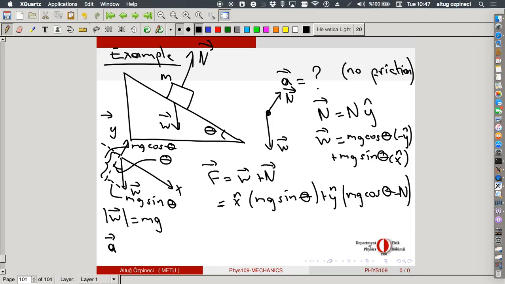Now let's write the acceleration vector. Of course, we don't know its components, but we can just use some symbols, just like we did over here. We don't know the magnitude of the normal force, but we just use the symbol n for the component in the y direction. So what is the direction of the acceleration vector? It should be in the x direction, because the x-axis we had chosen to be along this inclined plane, unless the mass is just flying off the inclined plane or moving into the surface.